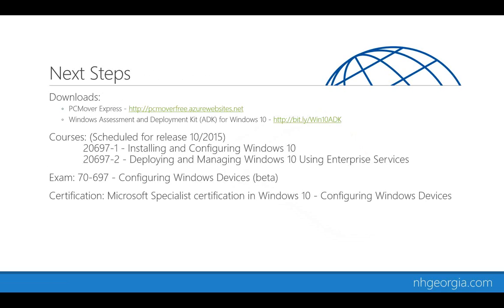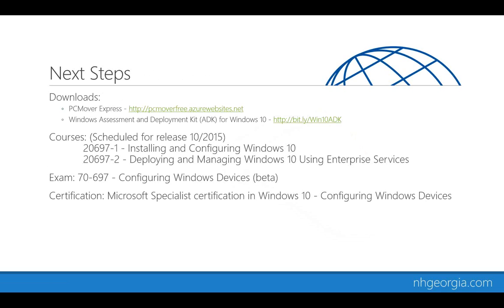There are also some courses that Microsoft has created that are releasing in October, 2697.1 and 2697.2, installing, configuring, and deploying and managing Windows 10. These cover the material required to pass exam 697, configuring devices. Again, that is a beta exam, which means if you take it now, you don't pay.